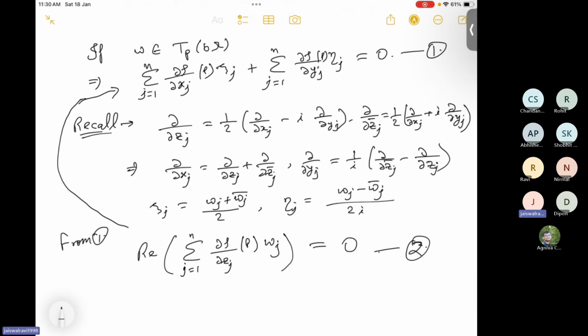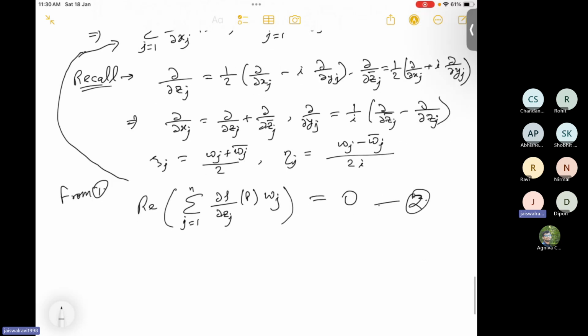That means we have W, which is a subset of T_P of boundary omega. We want this to be a complex subspace or complex vector space.